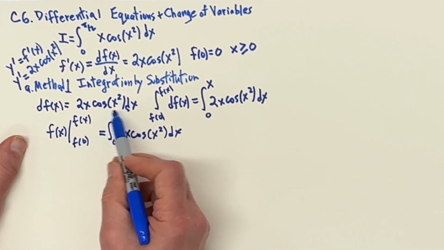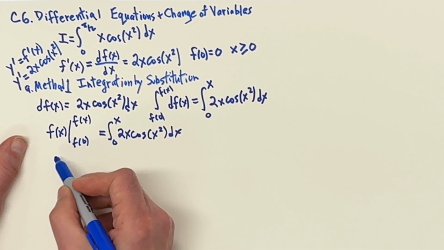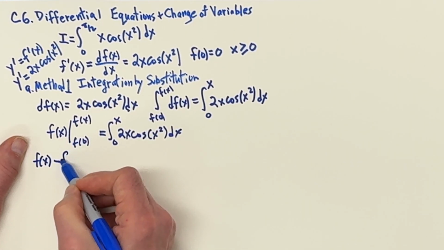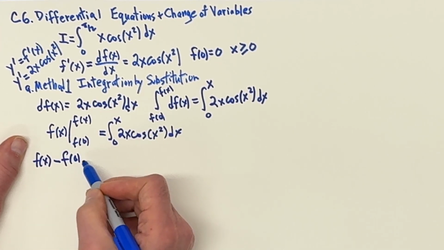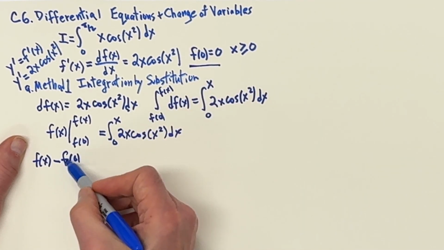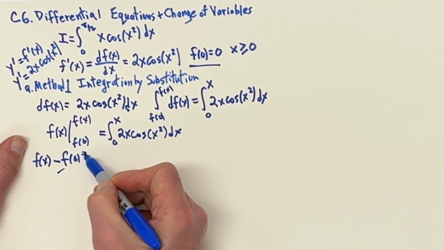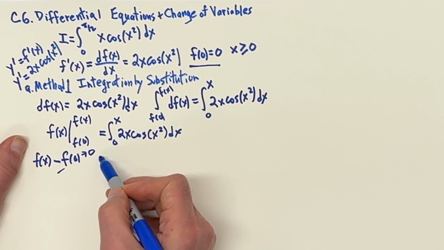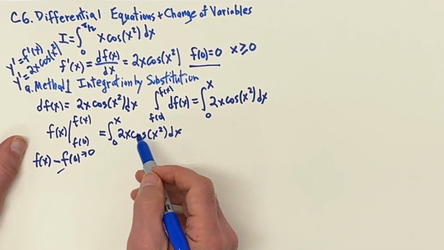We just have x's everywhere here and don't worry about it. And this becomes f of x, the upper limit, minus the lower limit. And since we have the condition f of 0 is 0, this one here is gone. And then we're left with doing the integral on the right side.